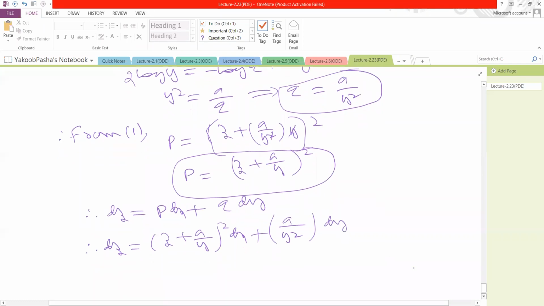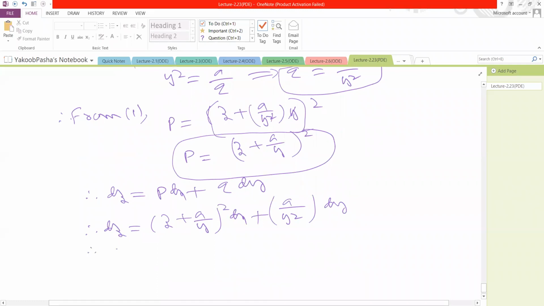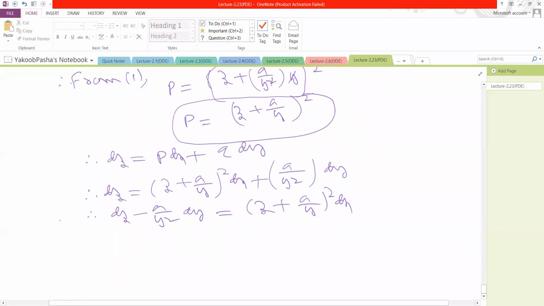So I am writing this equation as dz minus a by y square into dy is equal to (z plus a by y) whole square into dx. So we can write the left hand side as d of (z plus a by y). By differentiation, we get dz plus a times the differentiation of 1 by y, minus 1 by y square into dy. So that is equal to (z plus a by y) whole square into dx.